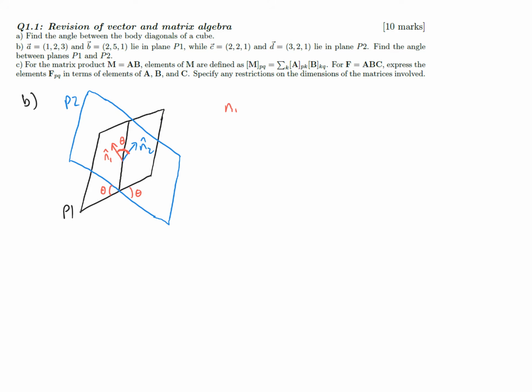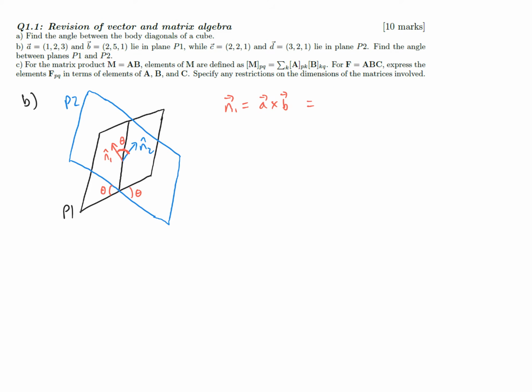So the n1 vector can be given as the cross product of A and B vectors, which are given in the question. Why? Because A and B lie in a plane, the cross product is mutually perpendicular to both of them, and that's what we want. This vector n1 here is not a unit vector, but actually I don't care about that. I only want the angle in the end, so I'm not really bothered about it being a unit vector.